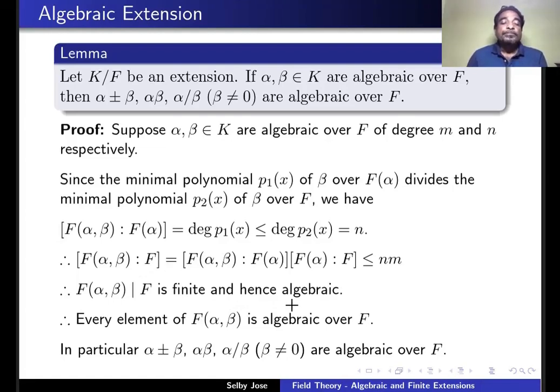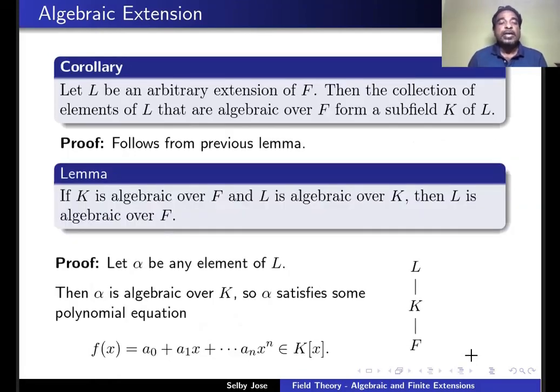In particular, every element of the field F(alpha, beta) is algebraic over F. Therefore, since alpha and beta belong to the field F(alpha, beta), we get alpha plus or minus beta, alpha beta, and alpha beta inverse are algebraic over F. So what does this mean?